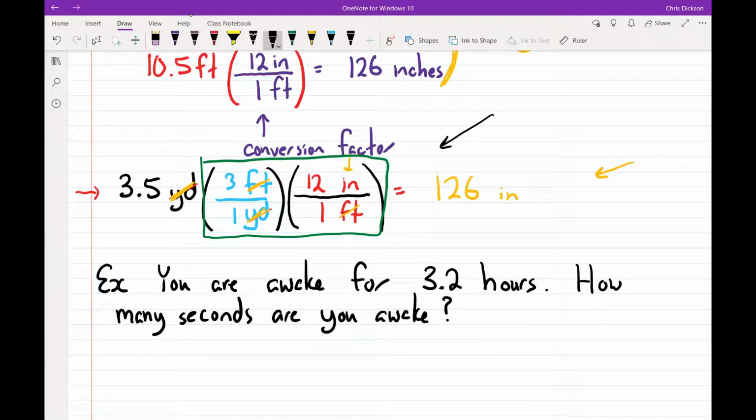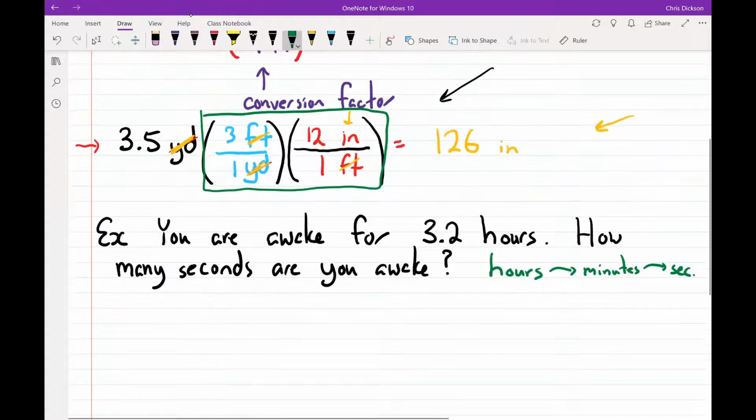If you think about hours, usually next I would think about minutes being the next smaller unit. And then from minutes, that would break down into seconds. So 2 steps here, going from hours to minutes to seconds.